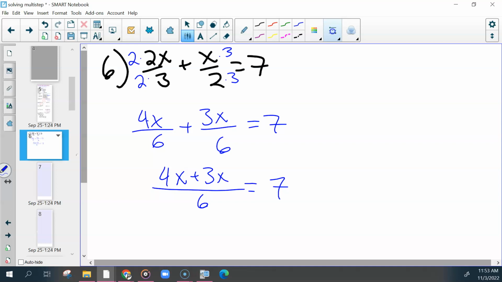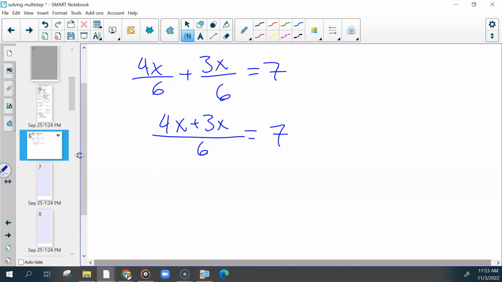And because everything is now one fraction, we can combine our like terms. And then you have a choice of either multiplying both sides by 6 and then dividing by 7. So it'll look like this.